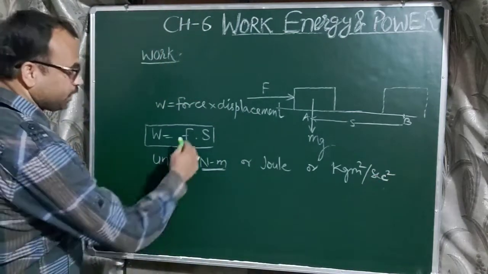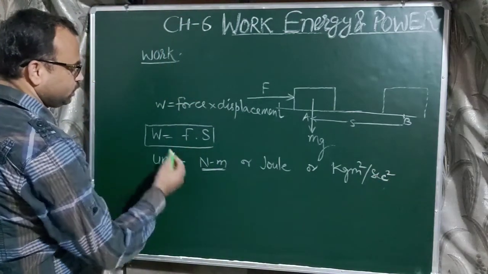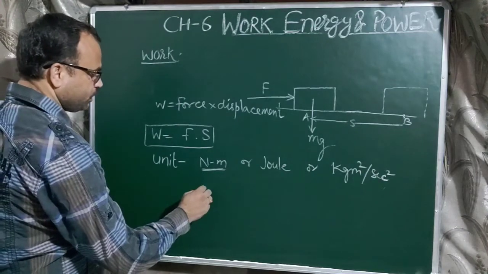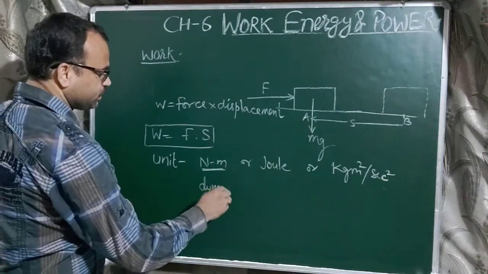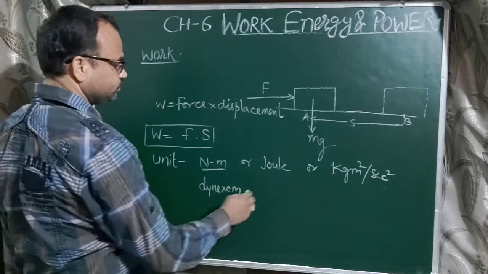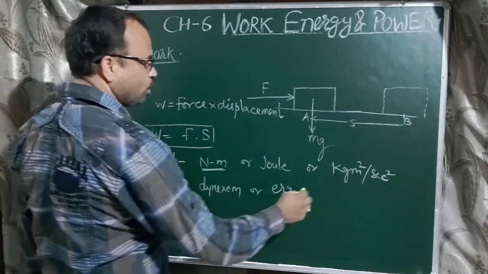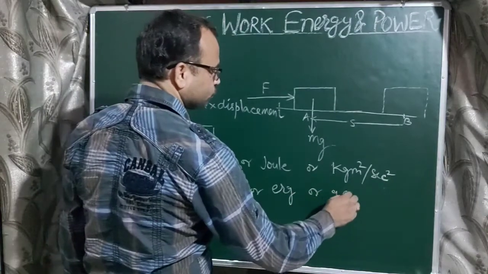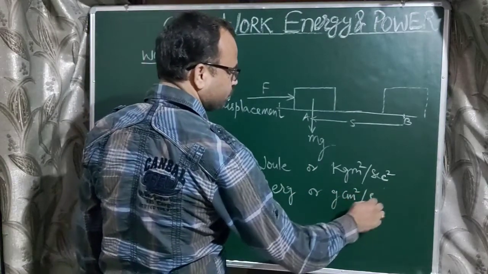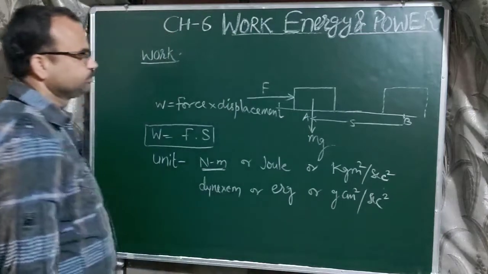In the CGS system, the unit of work may be dyne centimeter, or erg, or gram centimeter square per second square.